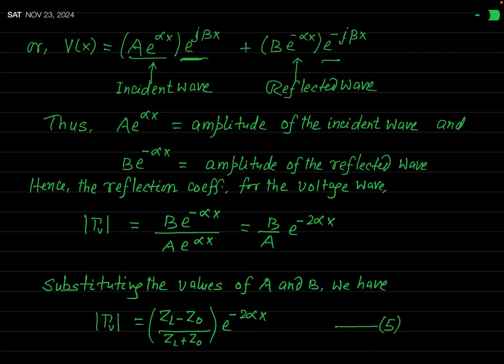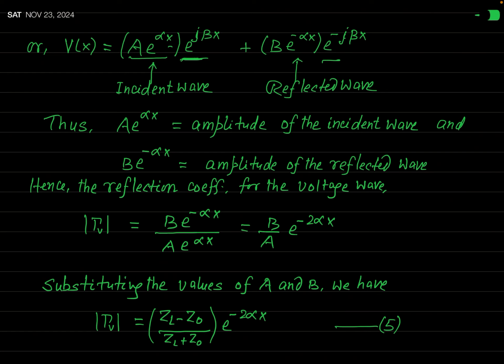And this A times e to the power alpha x is the amplitude, and you can see this amplitude is not constant. It varies exponentially with x. So this constant alpha is called the attenuation constant, because when this wave travels in the transmission line, its amplitude will not remain constant.